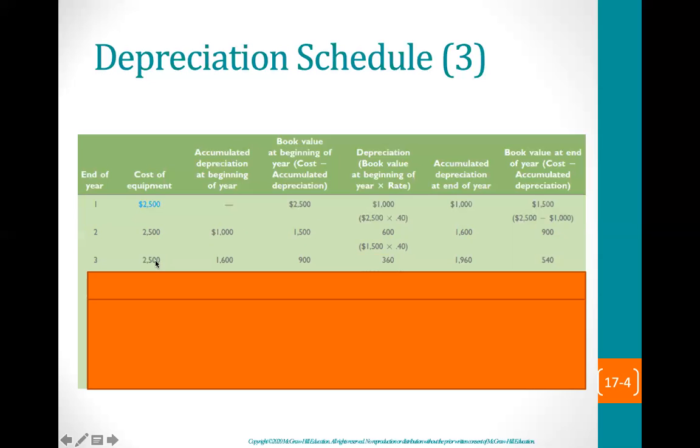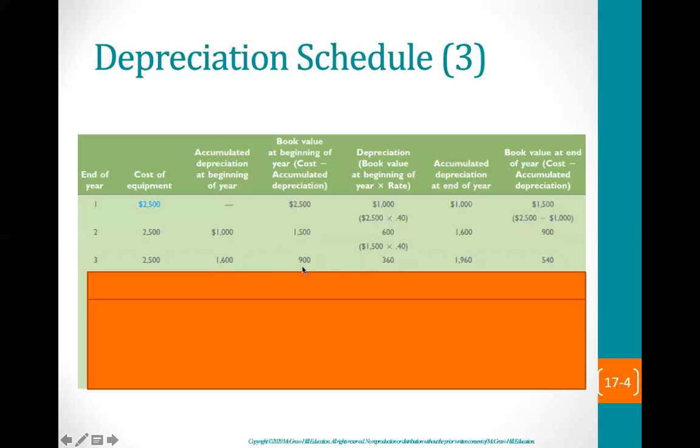Year 3, cost of the equipment remains the same. Pull your ending year accumulated depreciation down to get your book value. Notice your book value at the beginning of the year, $900, is the same as your book value at the end of the previous year. You can check yourself. This number here should be the same as this, but it should also be cost minus your accumulated depreciation at the beginning of the year.